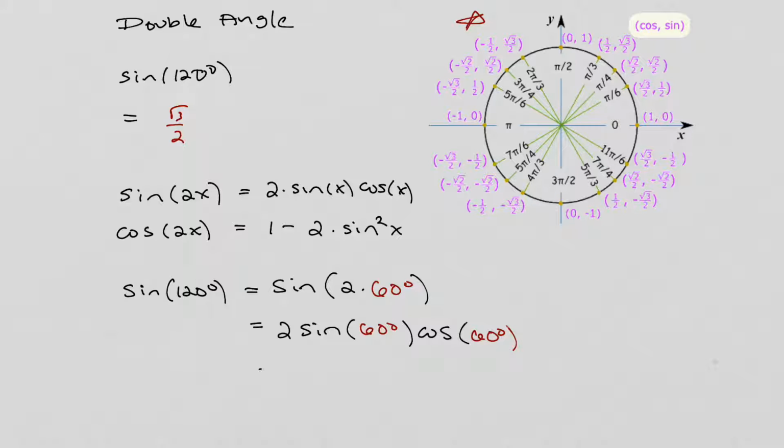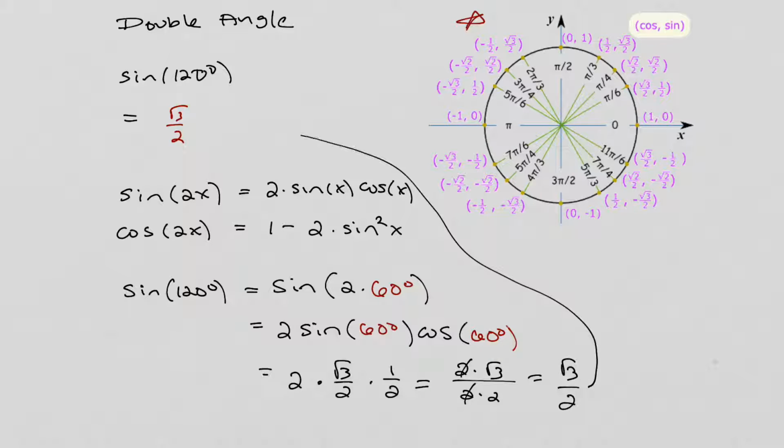Then we can read these off the unit circle in that first quadrant. Sine of 60 degrees, or pi over 3, is square root of 3 over 2. Cosine of pi over 3, or 60 degrees, is 1/2. If you multiply that together, you get 2 times the square root of 3 over 2 times 2. Those 2's will cancel, and we get the square root of 3 over 2, which we knew from right there.